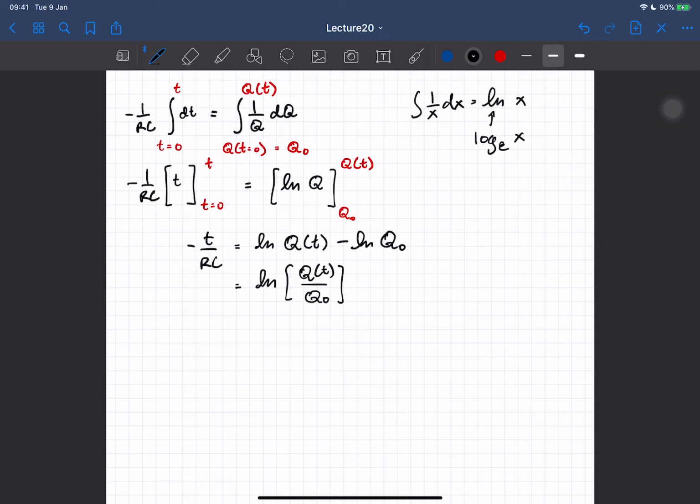Okay, and this means I can exponentiate both sides. So what I get is e to the minus t over RC equal to q(t) divided by q0, or in a more familiar form, q as a function of time is q0 times e to the minus t over RC.